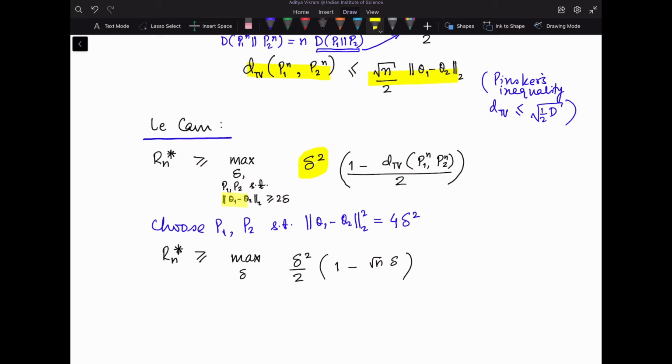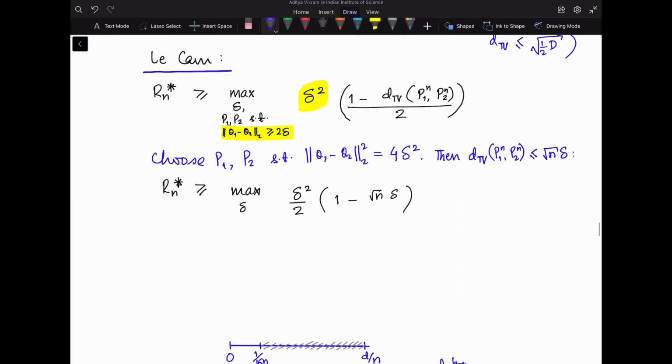Basically we are choosing P1 and P2 so that this is exactly 2 delta. In this case, the total variation distance between P1n and P2n is at most root n delta.